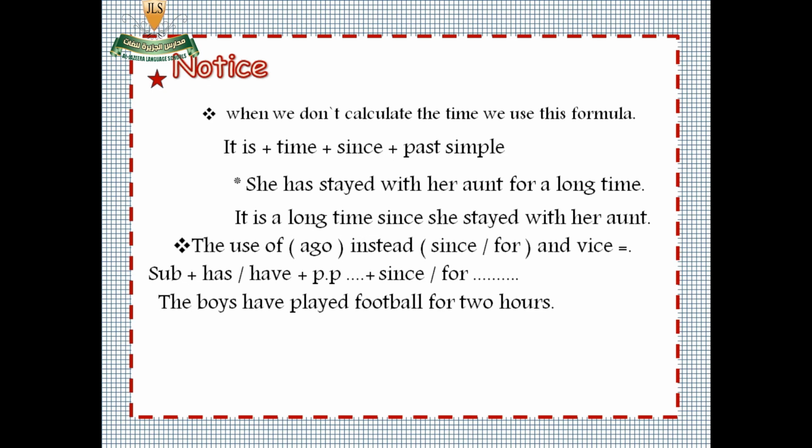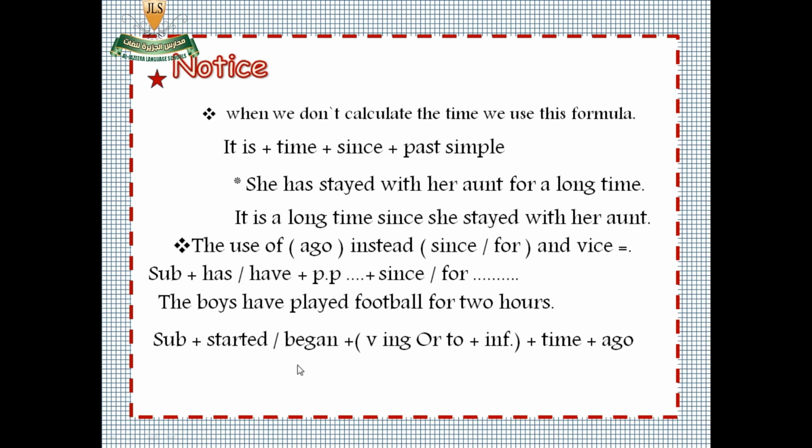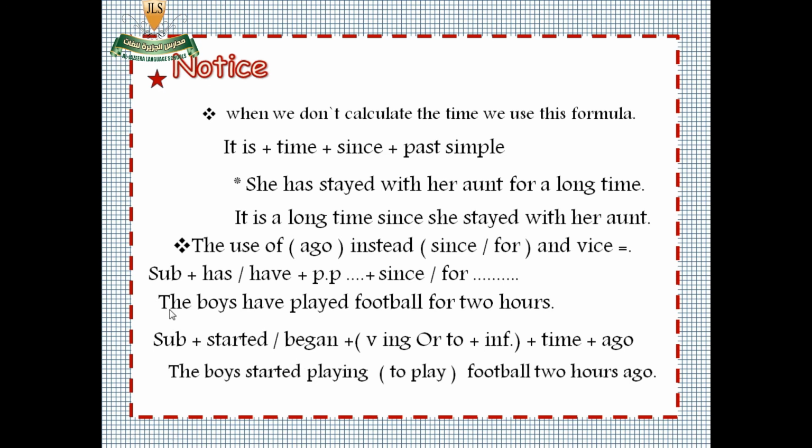I want to remove for now and I want to put ago. How will I use it? Subject plus started or began. I can use verb ing after started or began, or I can use to plus the infinitive plus time and ago. For example, see here, the boys have played football for 2 hours.